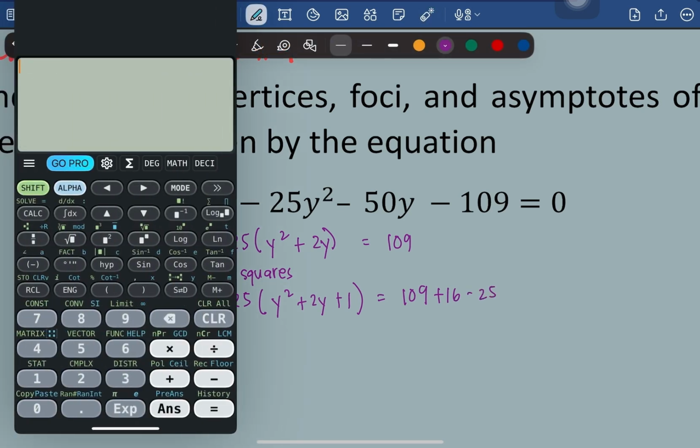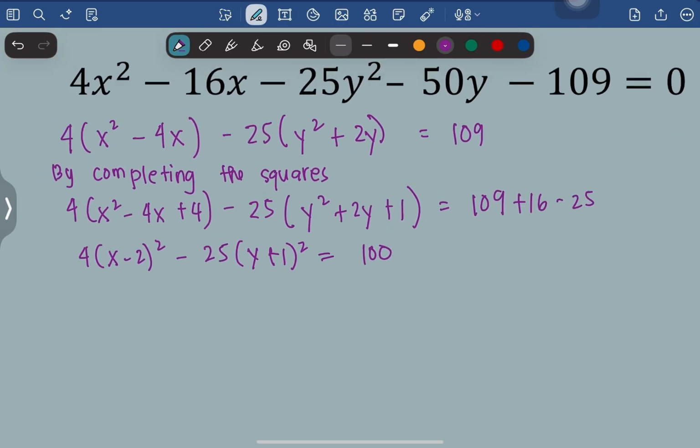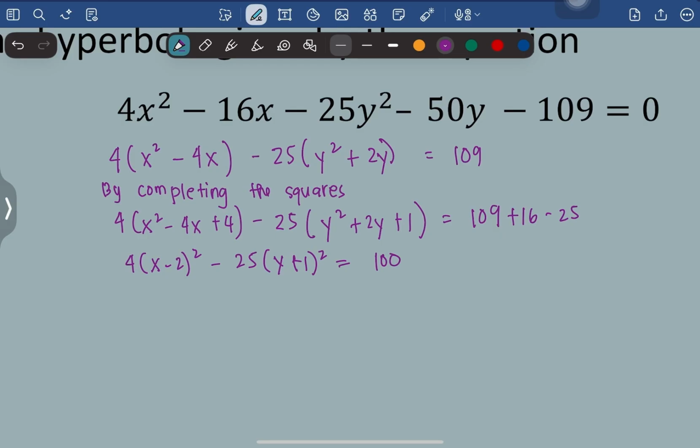So, to calculate the constant numbers, 109 plus 16 minus 25 equals 100. So, 4 times x minus 2 squared minus 25 times y plus 1 squared is equal to 100. Then to convert it to standard form, divide both sides by 100.